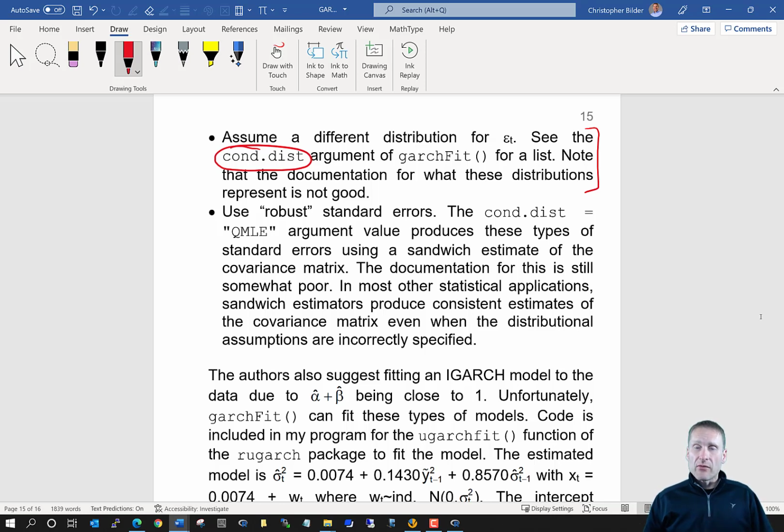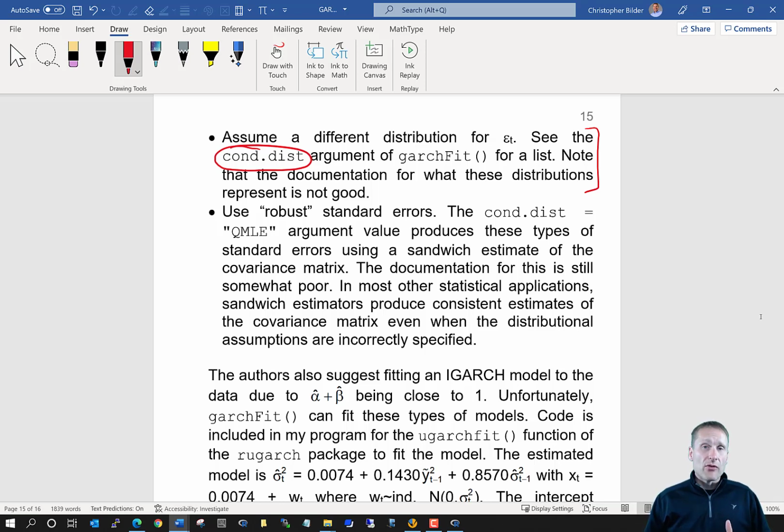Sandwich estimators are sometimes taught in a mathematical statistics course. I know, for example, the widely used Casella and Berger book briefly talks about that. Students often see the sandwich estimator for the first time when they talk about generalized estimating equations, to estimate some kind of model where you're observing, let's say, multiple values of the same response for the same person, and you want to take into account the correlation that could occur.